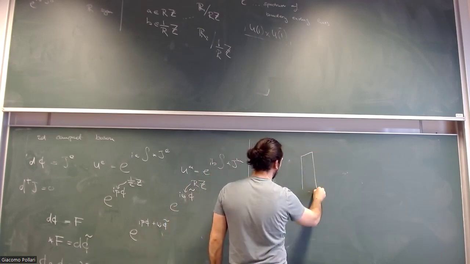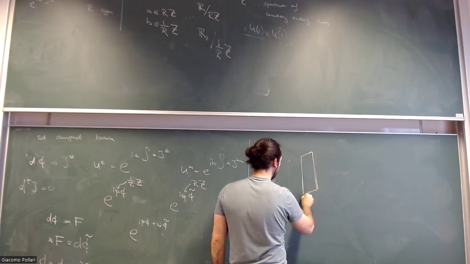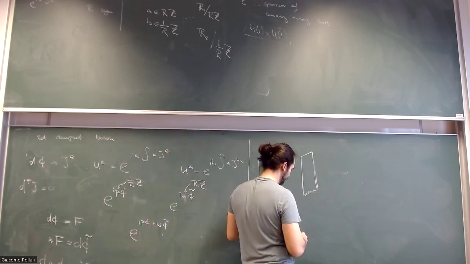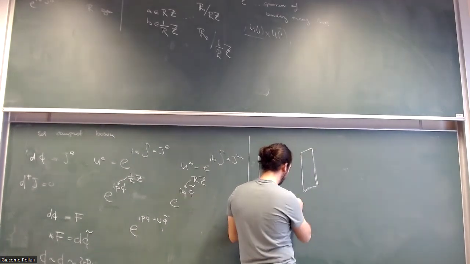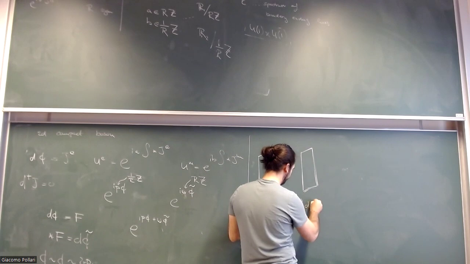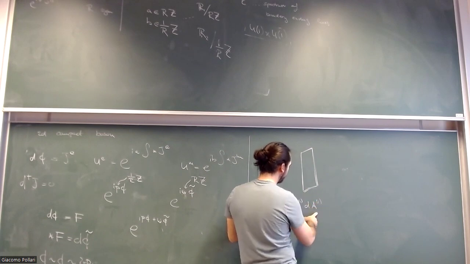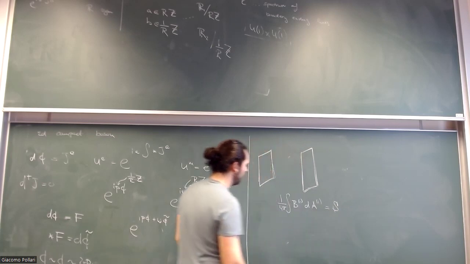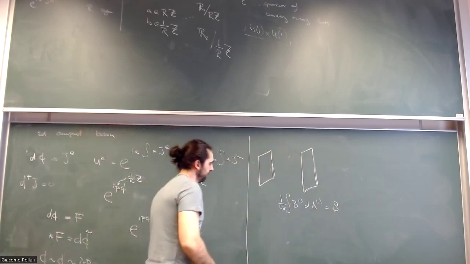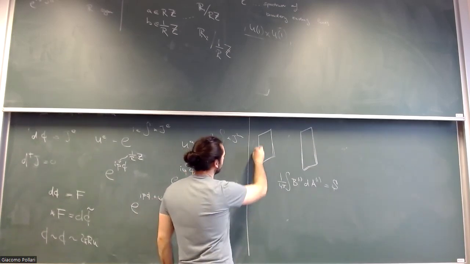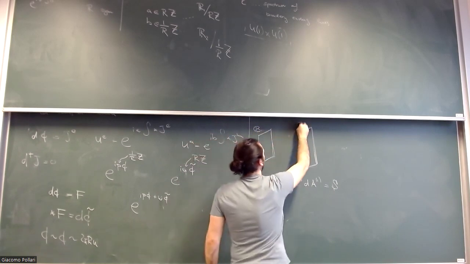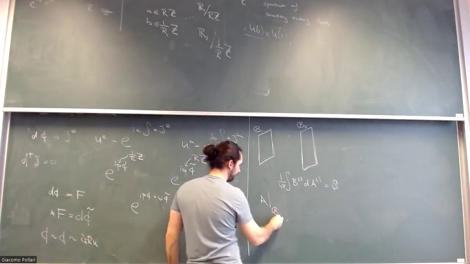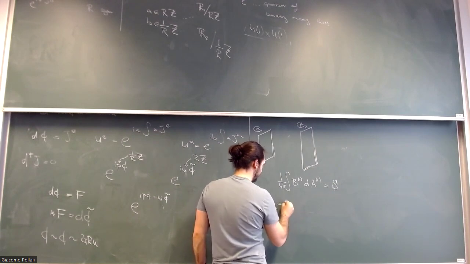If I now consider this slab, with boundary conditions, both values in R. Actually, I will now have boundary conditions on this side, so B1, which will be the following. A and B1 will be some delta.